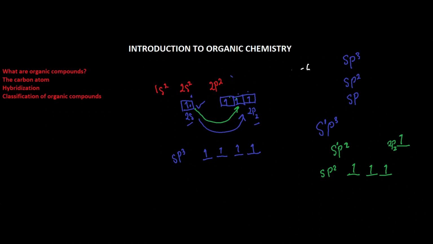Okay, so we also have the sp. So sp just involves one of this and one of this. So the sp hybrid orbital looks something like this, but then we still have two of these subshells that did not take part in the hybridization, so they are left out.